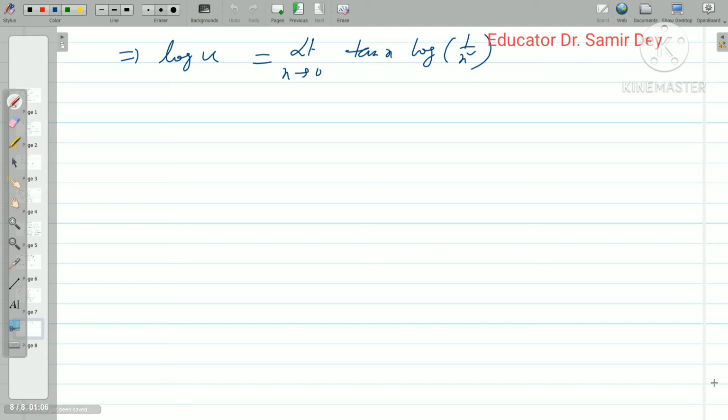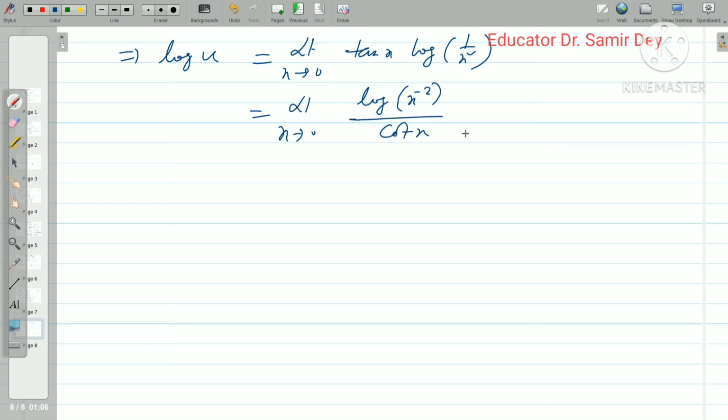So basically what type you have, limit x tends to 0. If you have this type of expression, then what is your target? Either infinity by infinity or 0 by 0. Then you may write limit, that is log of x to the power minus 2, by cot x.